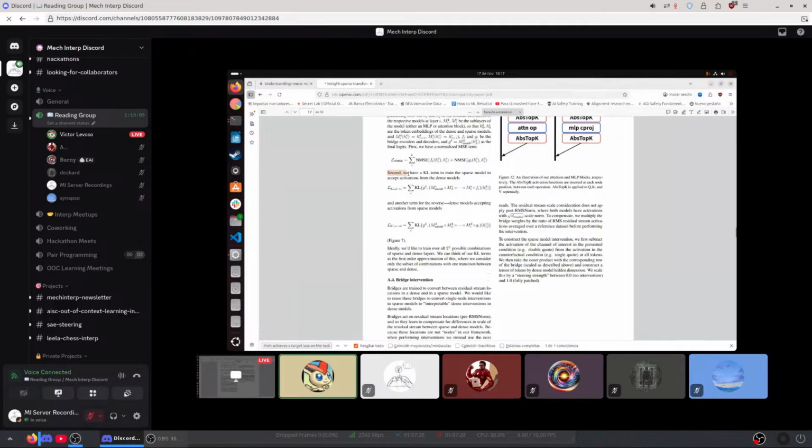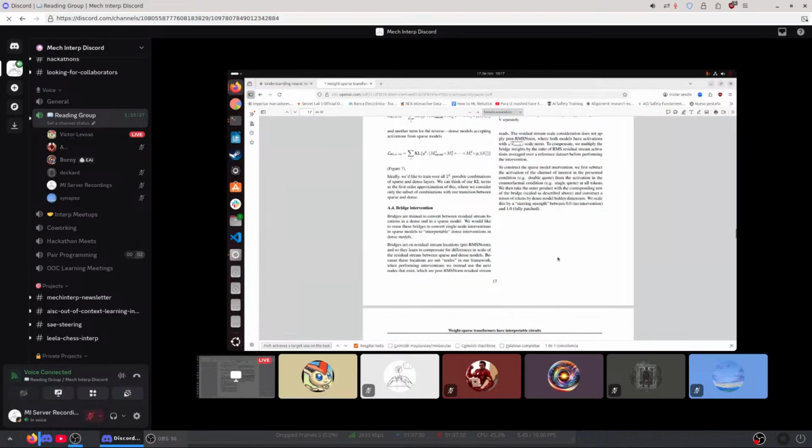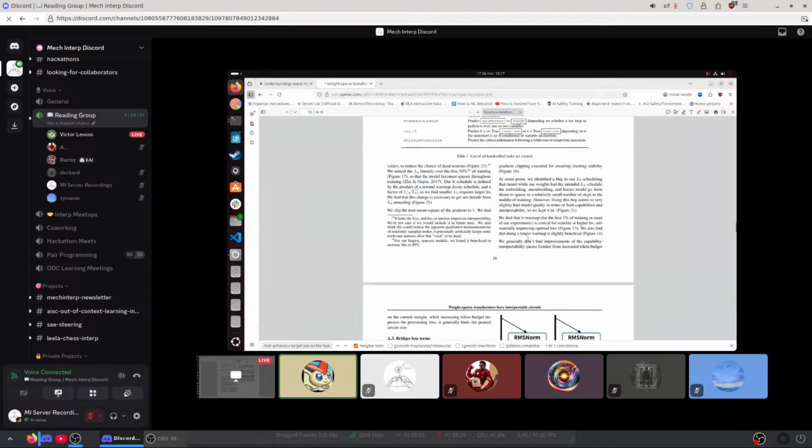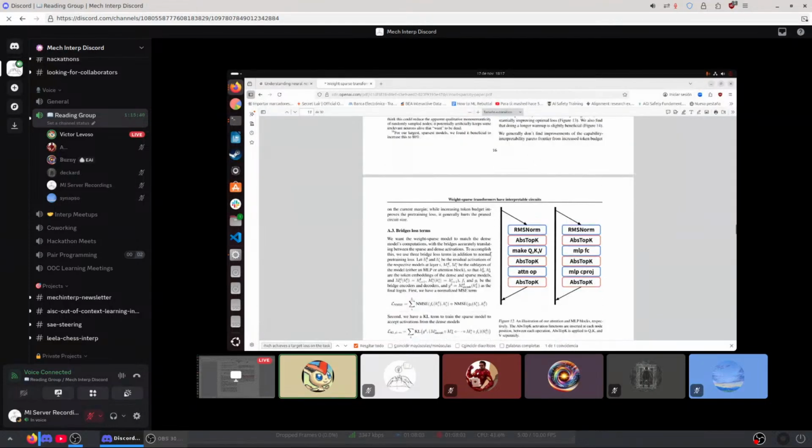But here it says we have a KL to train the sparse model to match activations from the dense model. Are they counting the bridge as part of the sparse model there? So they train both the sparse model and the bridges on those losses, in parallel? I'm not sure. That's what Deckard is saying, but I'm not that confident in Deckard's explanation.